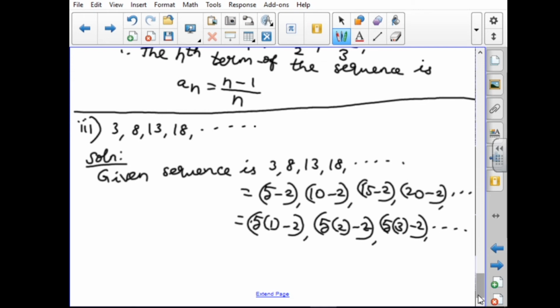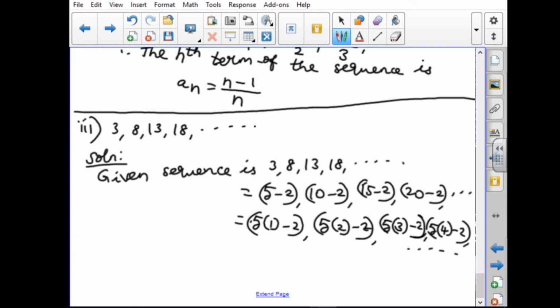Like this we are getting all the terms. Therefore, the fourth one is 5 into 4 minus 2, etc.